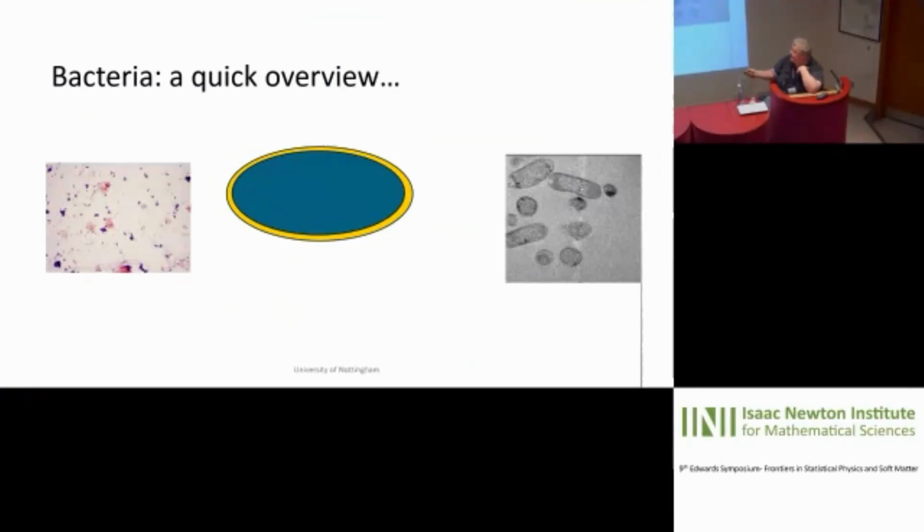Those that are gram negative have two membranes, and that's what we work on here, our model E. coli. And if you look at an EM, you can just about see, even at this resolution, that there are two membranes surrounding the bacteria. So we have an inside, we have an outside, and we have a periplasm. And at some point, things have got to get from the outside to the inside and from the inside to the outside.